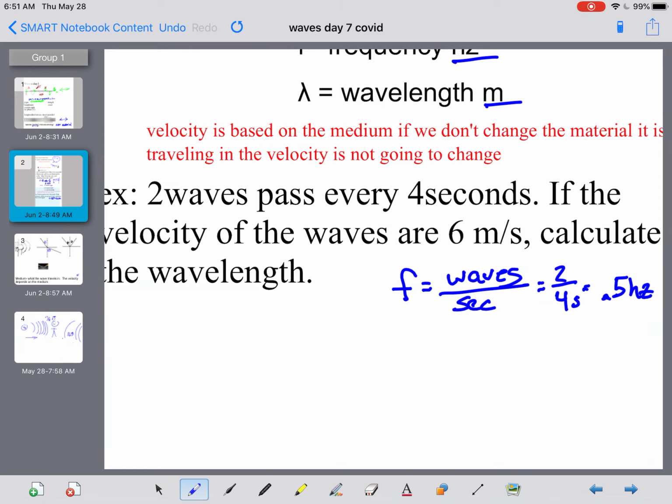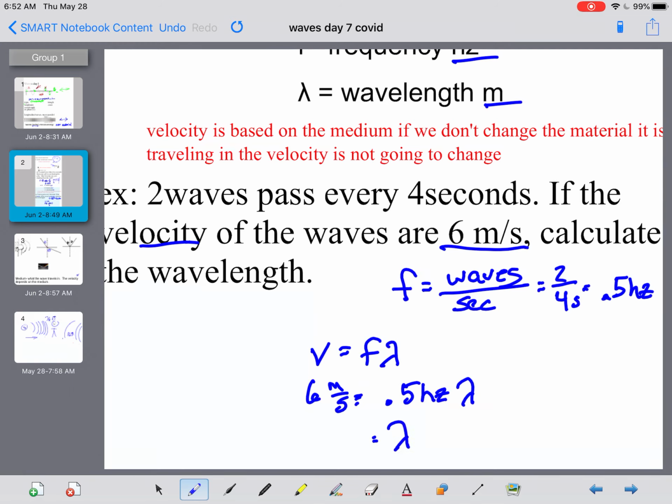And then I have my velocity is 6 meters per second, and I want to calculate the wavelength. So I could use V equals F lambda. I know my V is 6 meters per second. My frequency is 0.5 hertz. I'm solving for wavelength, and I get my wavelength to be 12 meters.